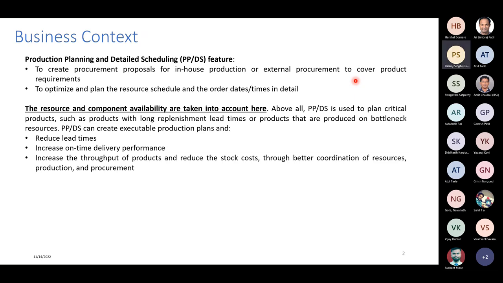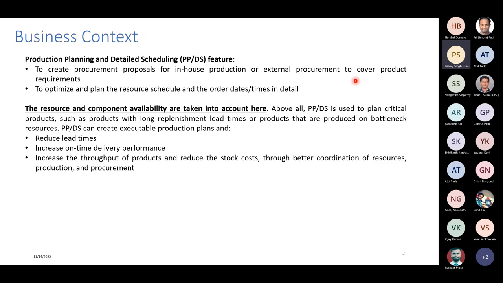Okay, scheduling is about when you create a planned order or a production order, we will have to execute the operations on certain machines or work centers. We need to decide that within a day, at what time we are going to use a particular work center. When we decide that particular time in which we are going to utilize that work center for this production order, that is called scheduling.